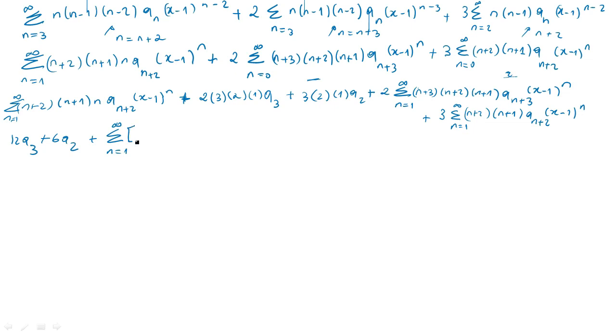So I'm going to open a big bracket. I'll write this one first, so n plus 2 into n plus 1 into n, a_(n+2), so plus 2 into n plus 3 into n plus 2 into n plus 1, a_(n+3).